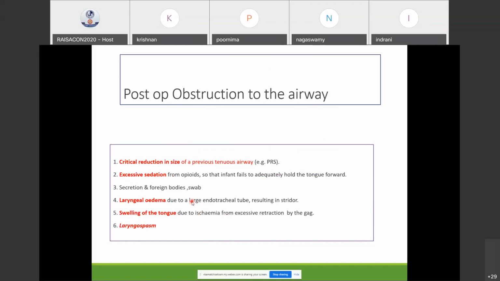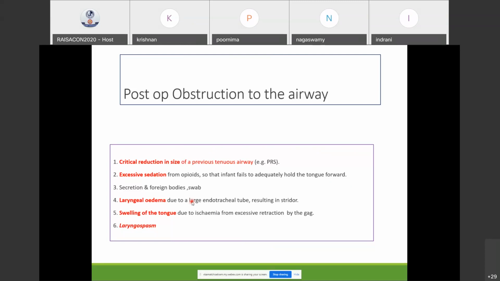Common post-op obstructions to the airway that you will see after extubation of a palate patient: these are the common causes. A wide cleft in the palate, going inside the palate into the nasopharynx.